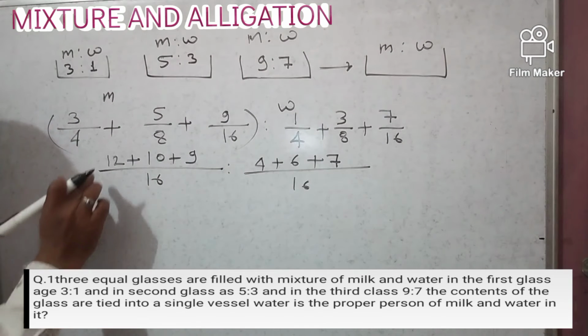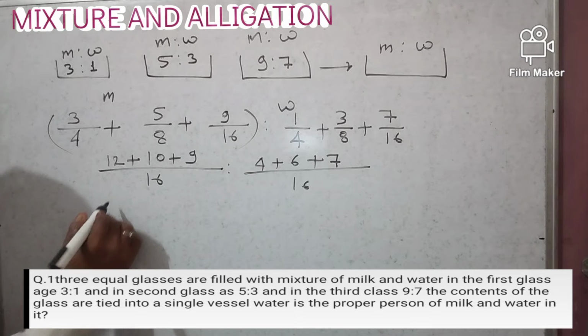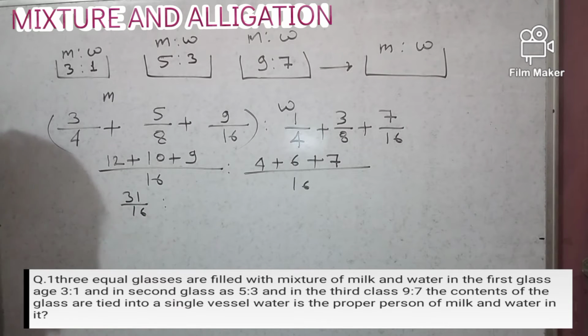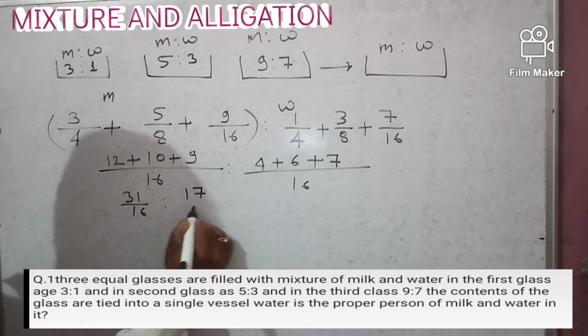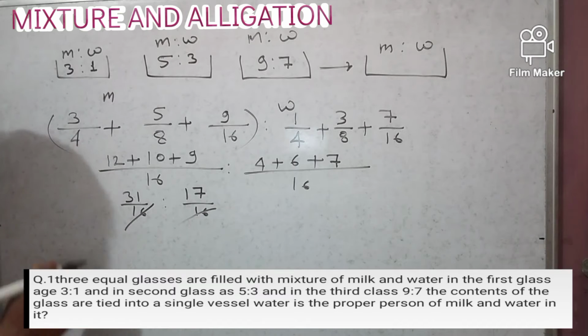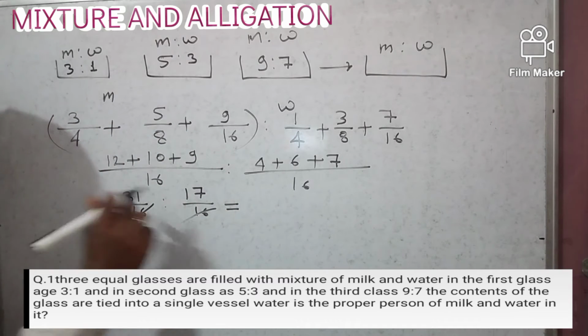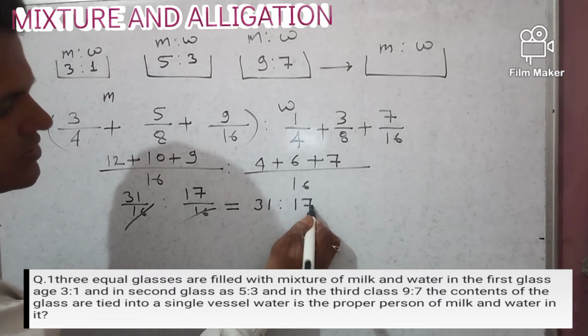Now add them. 12 plus 10 is 22, 22 plus 9 is 31. Water: 4 plus 6 is 10, 10 plus 7 is 17. Out of 16, so the 16 cancels. So the new ratio after mixing is 31:17.